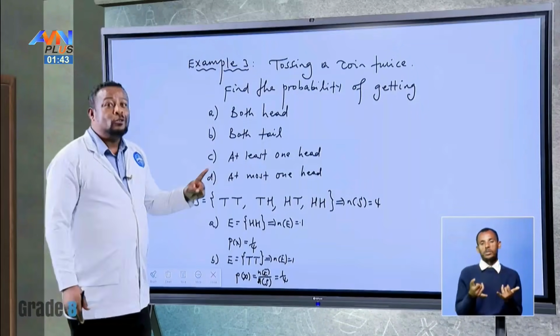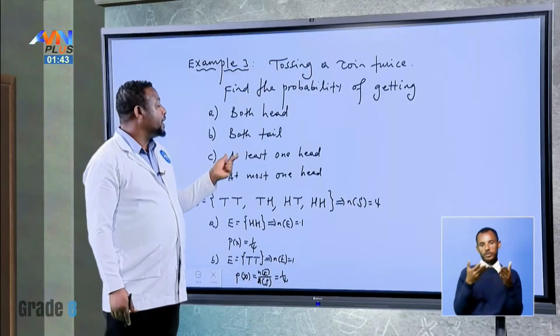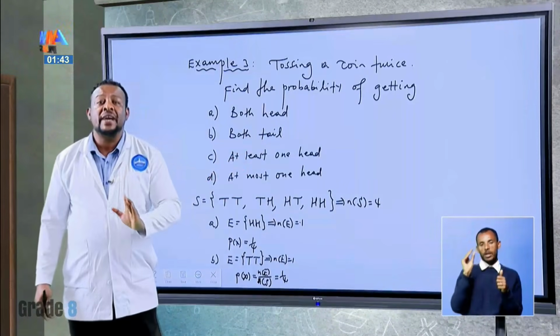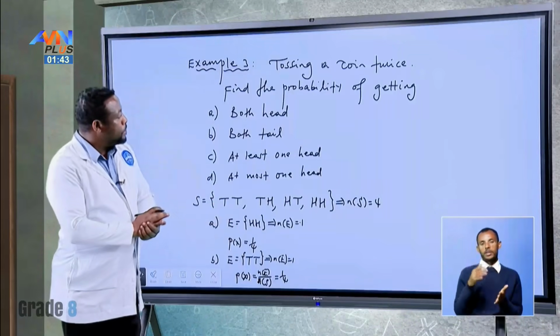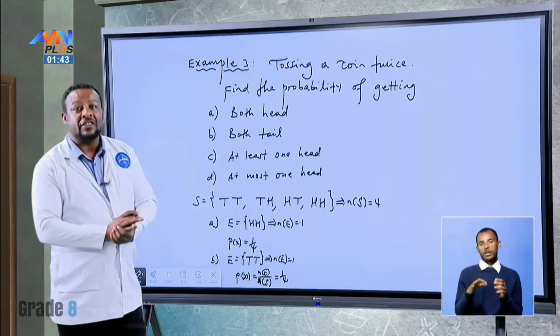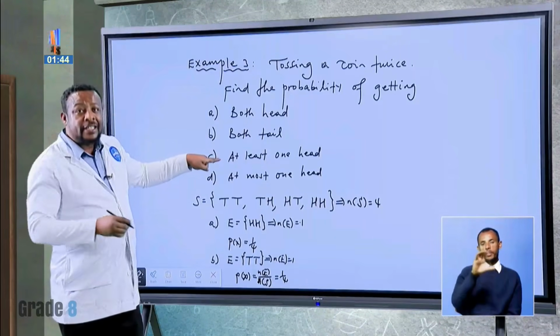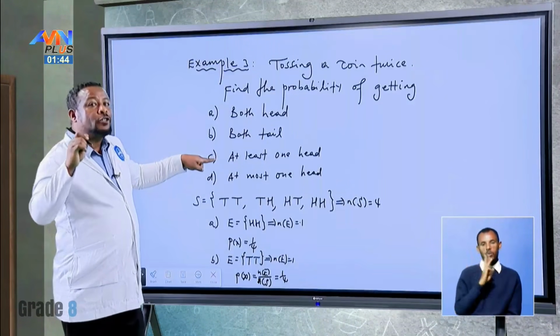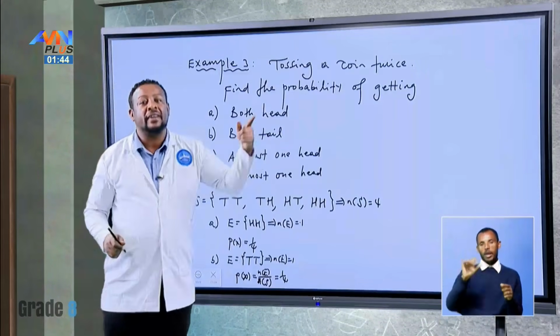Now, I need you to strictly focus on the statements which are found in C and D. This is very, very important, and it's a kind of question that requires attention. Look, in case C, we are asked to calculate the probability of getting at least one head.